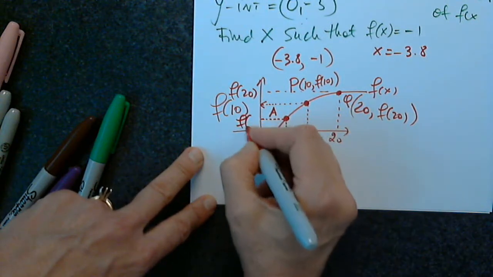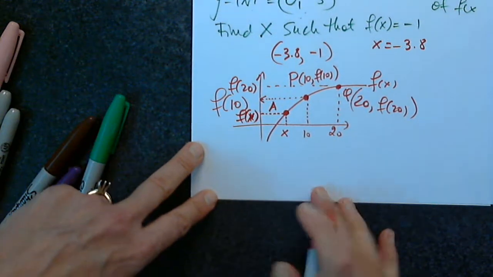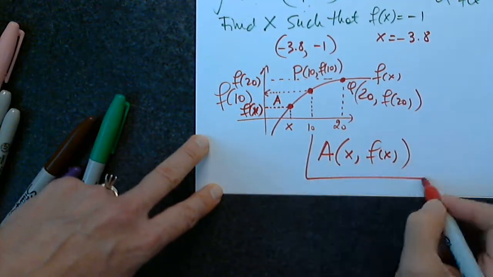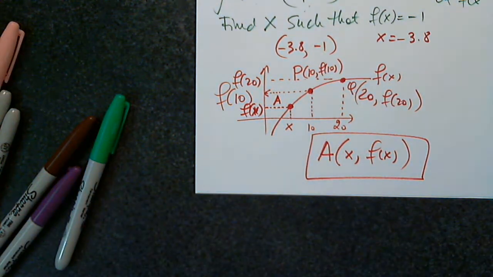It's the same thing. F of x. So the coordinates of A are x, f of x. This is the general idea. If a point is on the graph of a function and its x coordinate is blah, the y coordinate has to be f of blah. So please remember that.